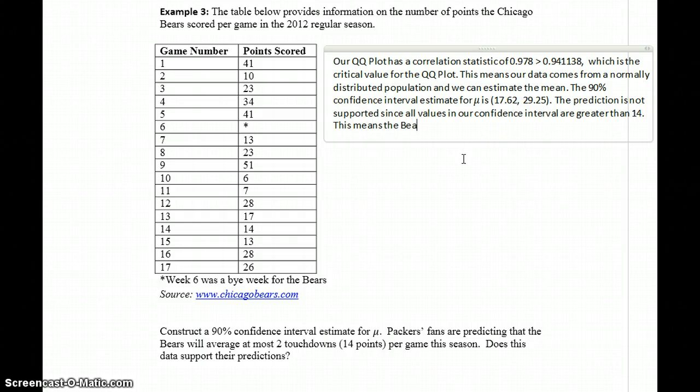This means, according to our data, the Bears will average more than 14 points per game. So in this case, their estimate was too low. We've got values from a little over 17, so about 18 up to 29. So we have a higher range of values for that average, all values above 14.